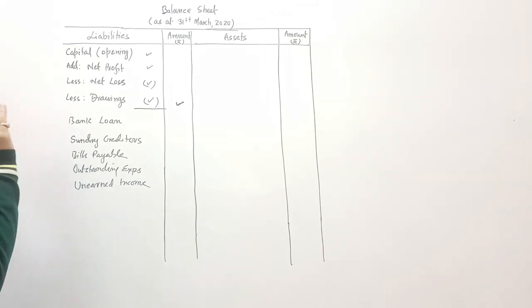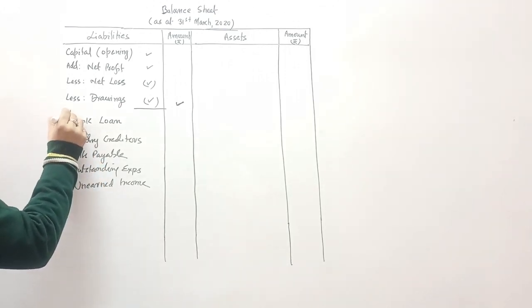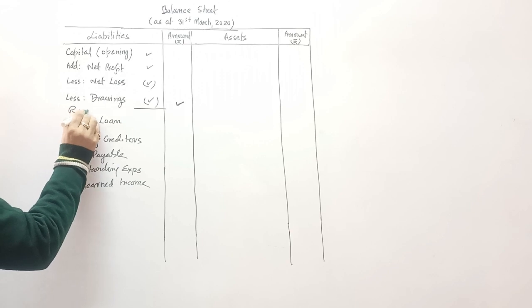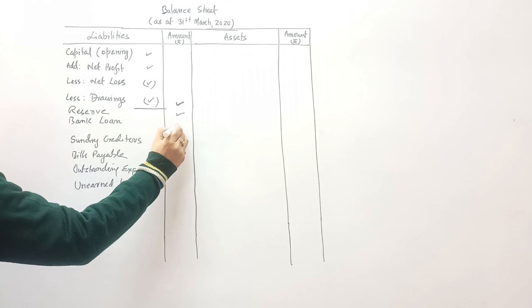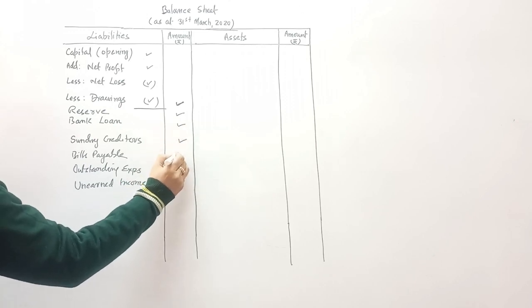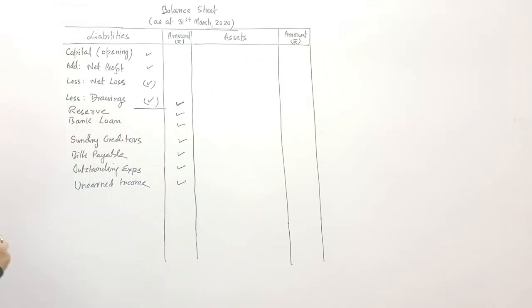Any liabilities you have to write on the liability side. Or if you have created any sort of reserve from profit, then write the reserve over here: reserve, bank loan, sundry creditors, bills payable, outstanding expenses, unearned income, like this.